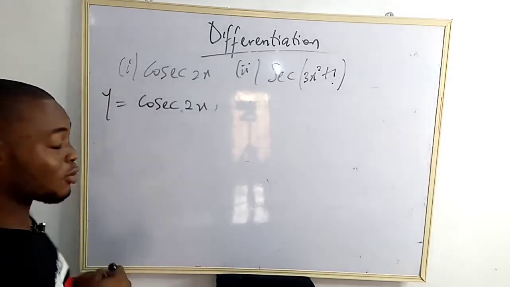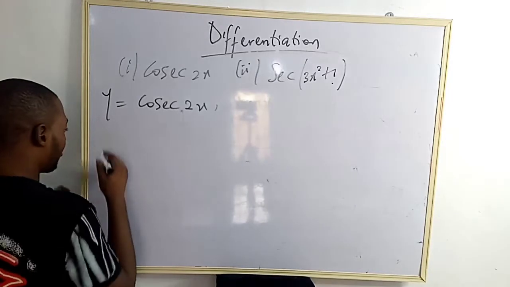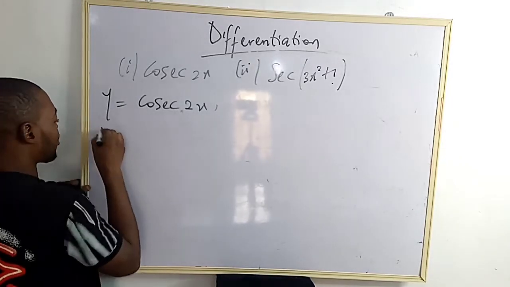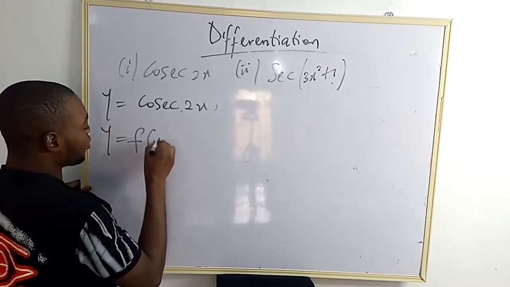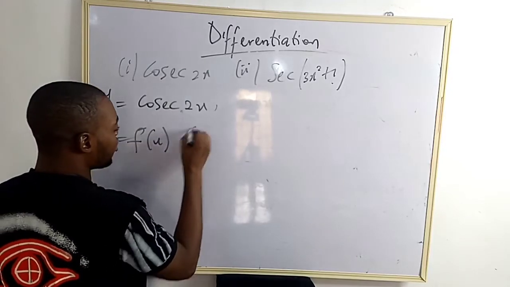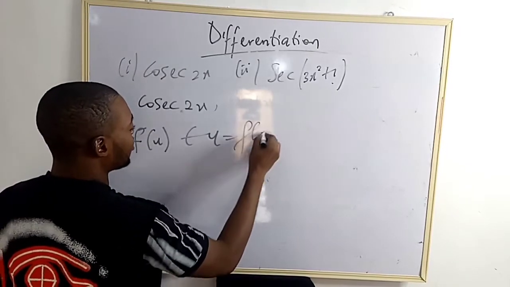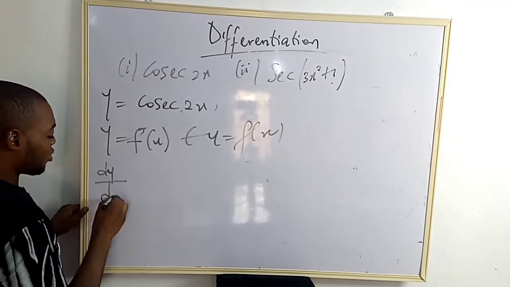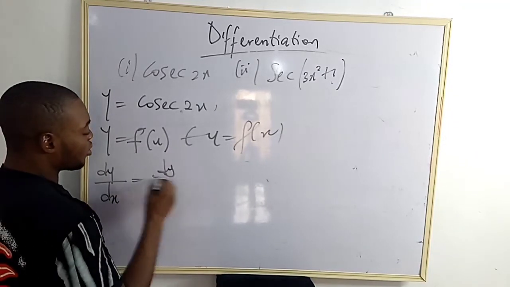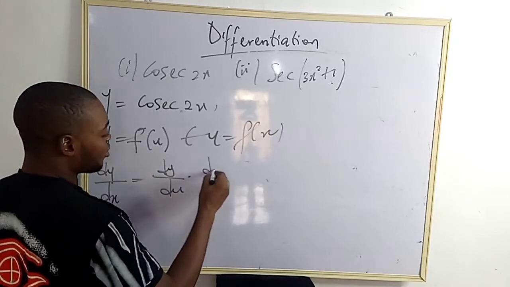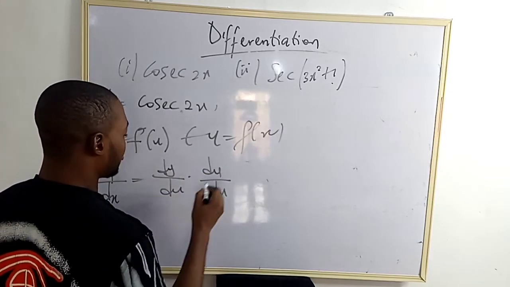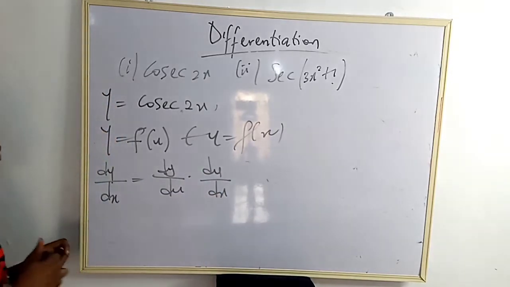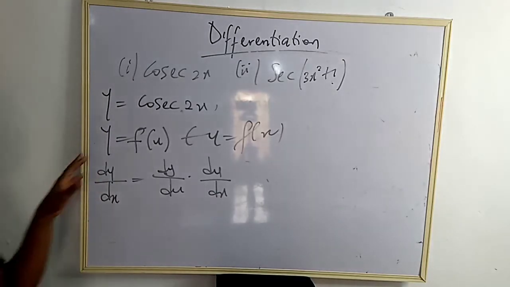So remember, the chain rule says that if y is equal to f of u, such that u also is a function of x, then dy/dx will be equal to dy/du times du/dx.